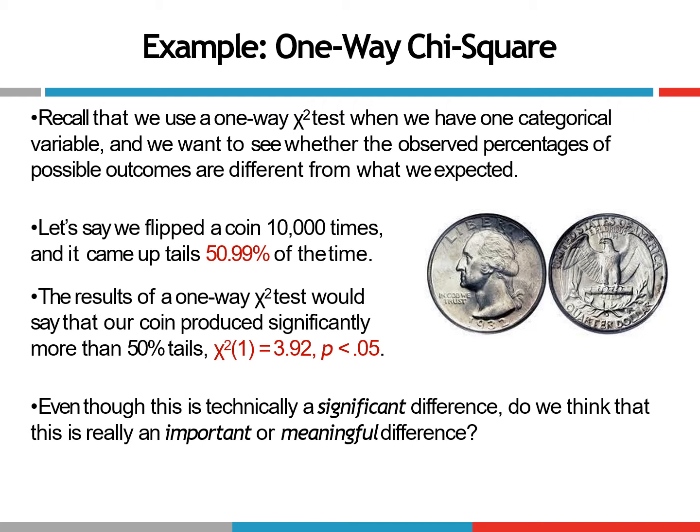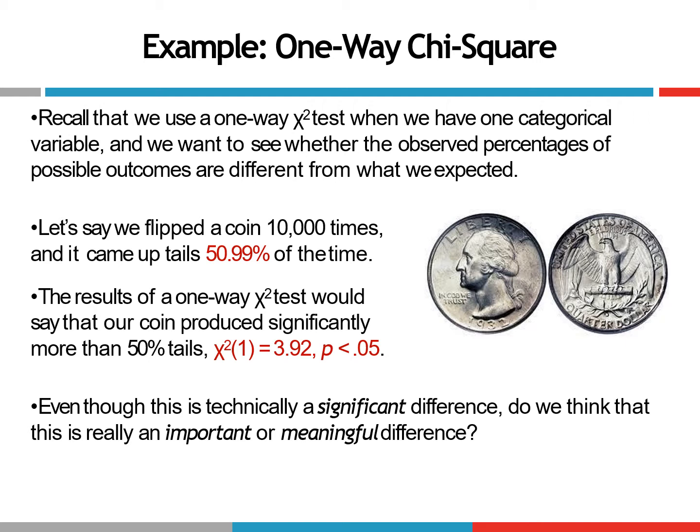So let's say we flip a coin 10,000 times and we expect 50% heads and 50% tails, but we end up with 50.99% coming up tails, right? So we would conduct a one-way chi-square test to see if a percentage of 50.99 is a statistically significant difference compared to the expected percentage of 50%.